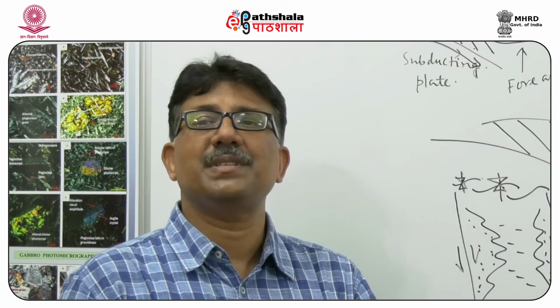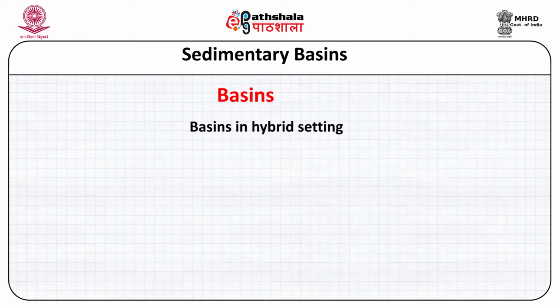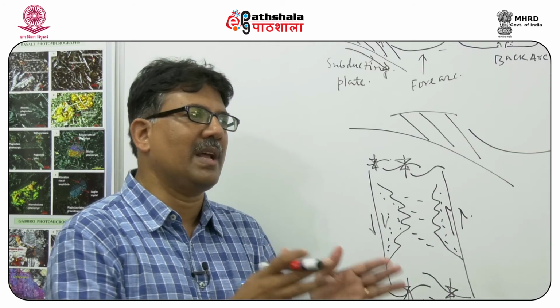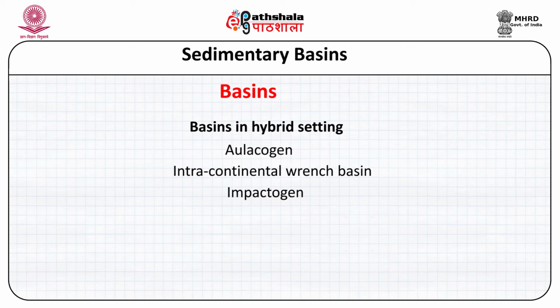Now there are some basins which are hybrid in nature. Now hybrid basins are of different types. Suppose we can have a aulacogen, that is a hybrid basin. We can also have the intercontinental range basin, we can have the impactogen basin, and then there may be a successor basin.